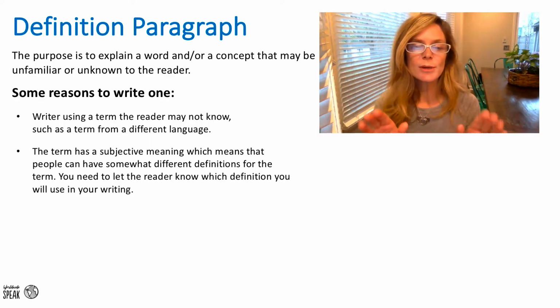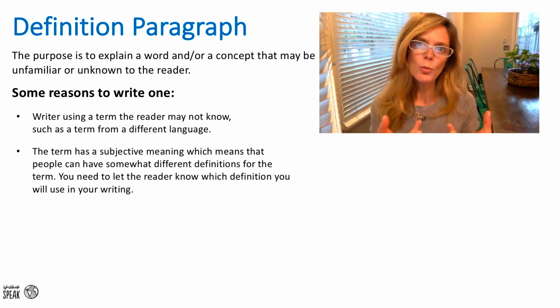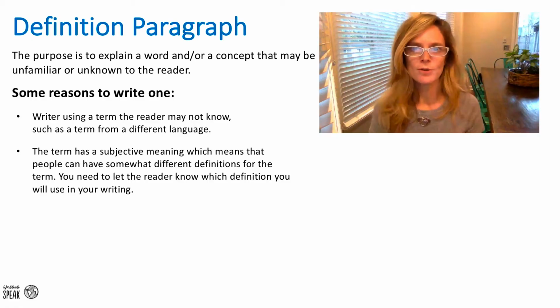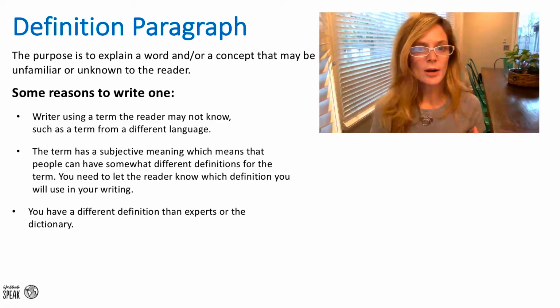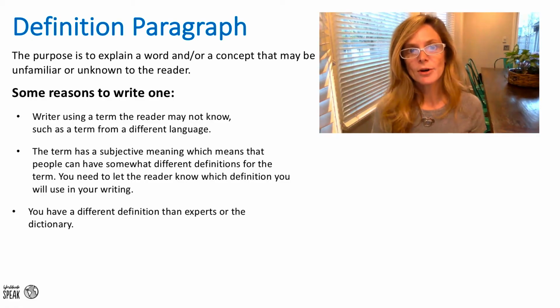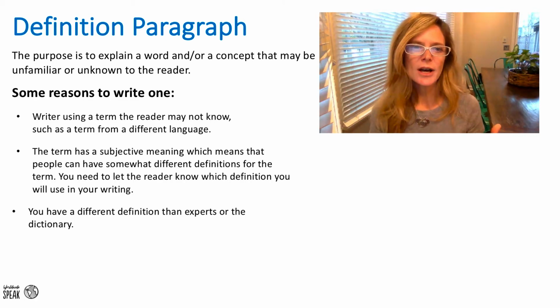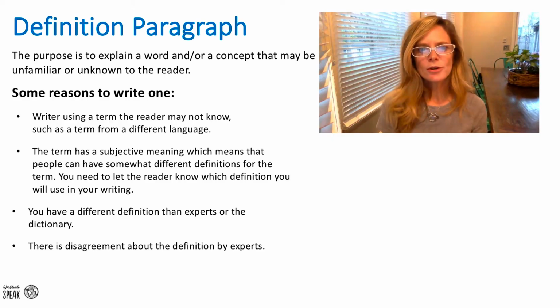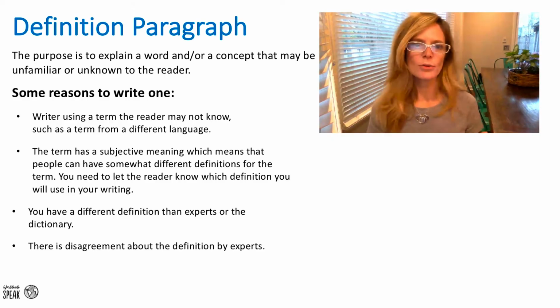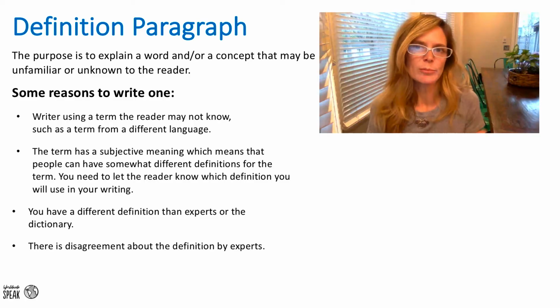And you need to make sure that you let your reader know which definition you're going to focus on in your paper. You can also have a word or a term that has a different definition than experts or a dictionary. And then lastly, there could be a disagreement about this definition by experts, and you're going to need to show which one that you're going to use.